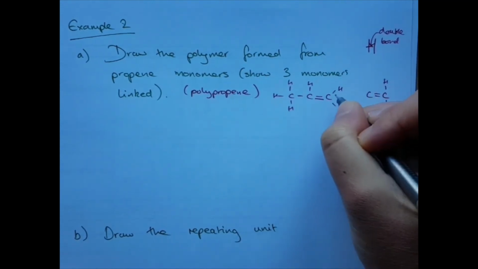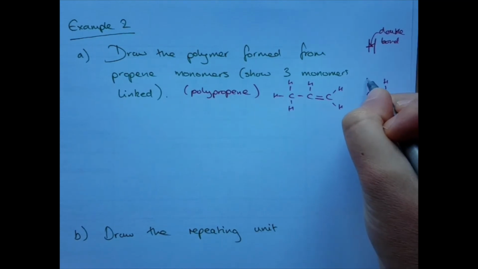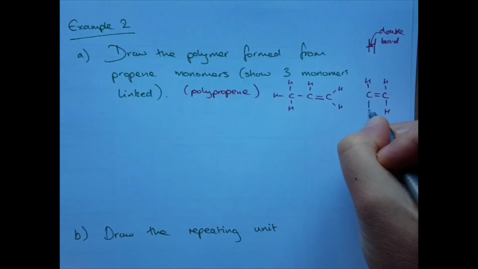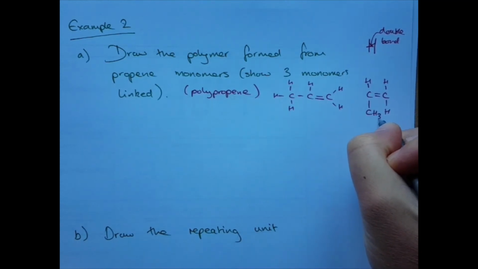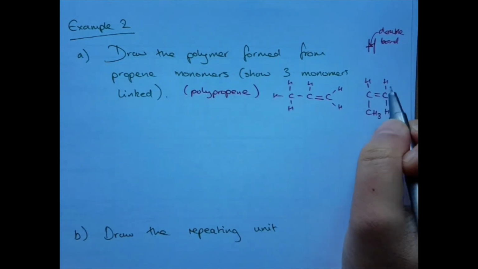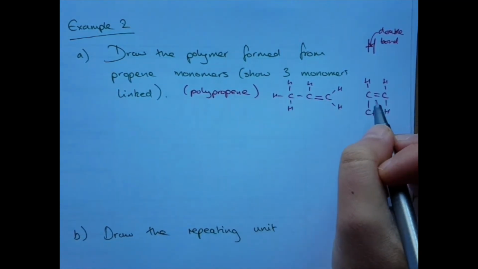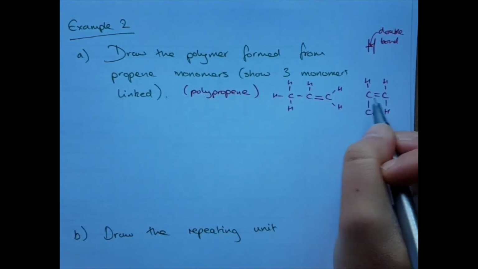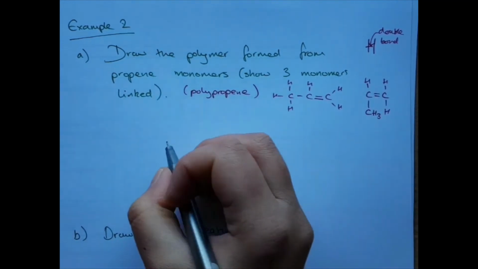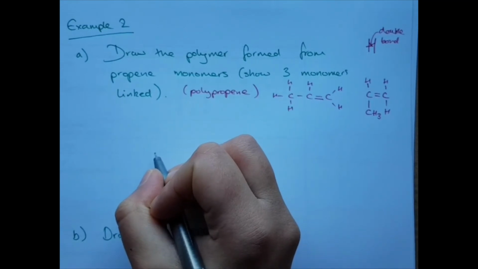So here we go. I'm making the double bond the bar of the H, and I've got my two hydrogens on the right hand side here. I've got a hydrogen up here, and then I'm going to abbreviate this to make it easier and call that CH3. Now that I've got my H shape, it's really nice and easy to show three monomers linking together, because I just have to draw six carbons in a chain. Remember, these are again what I would call substituents around the double bond.